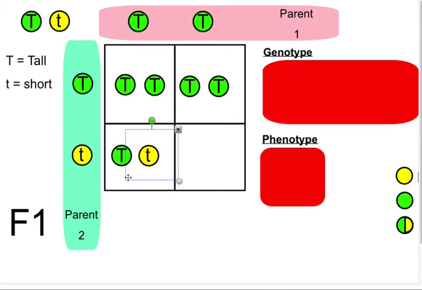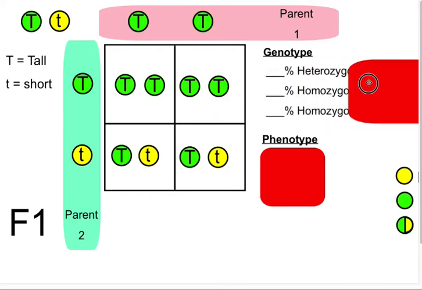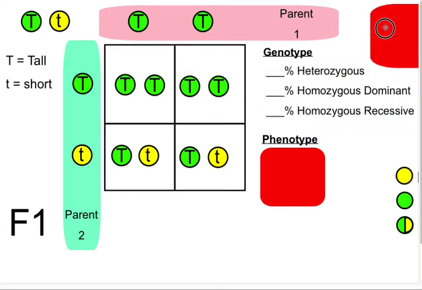And if this egg meets this sperm, again, capital T, lowercase t. So these are the potential offspring that these two parents could have. And the genotypes of their offspring can be described as heterozygous, homozygous dominant, or homozygous recessive.